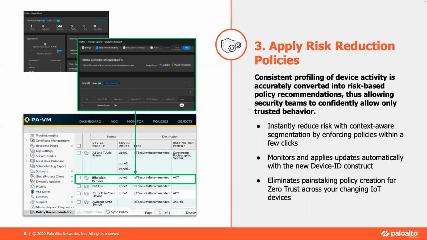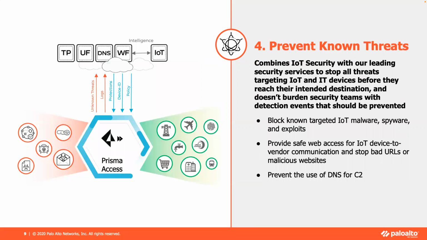It's all done automatically. Now you have the ability to see these rules, these suggestions, and say, yeah, I'd like to implement that, or no, I don't want to implement that, but it's all provided to you. You don't have to write this stuff. We just tell you, hey, we think this is what you should do, and you say yes or no.